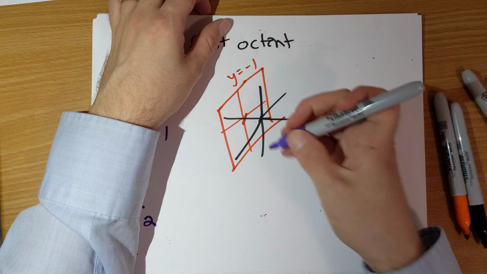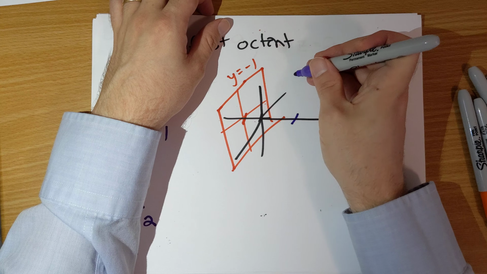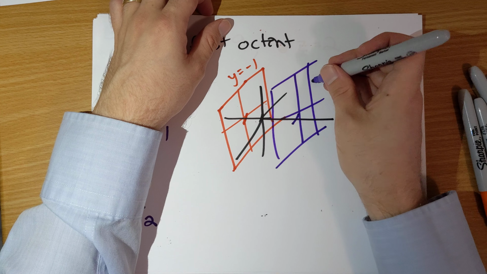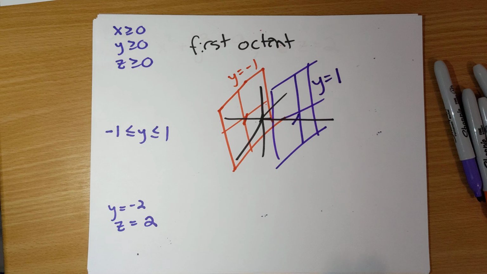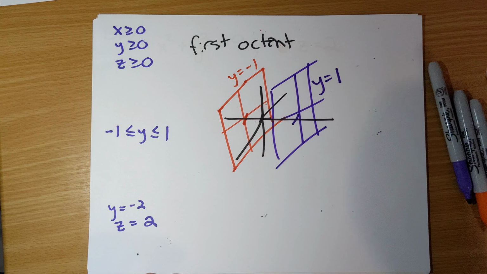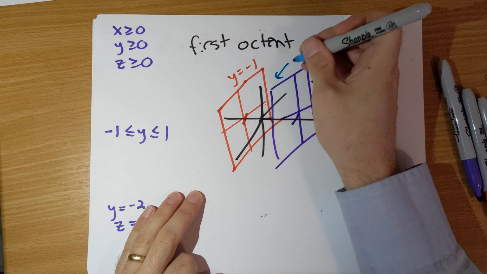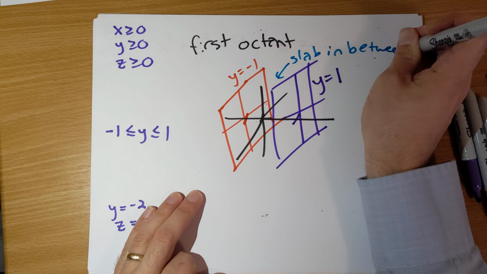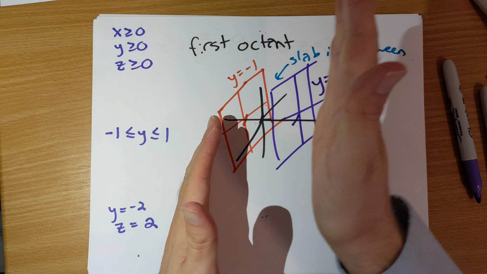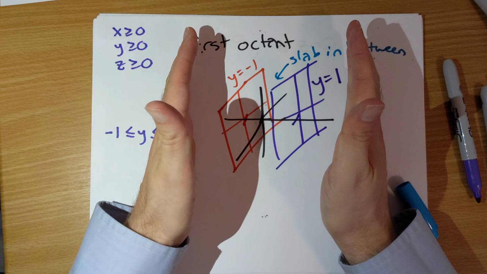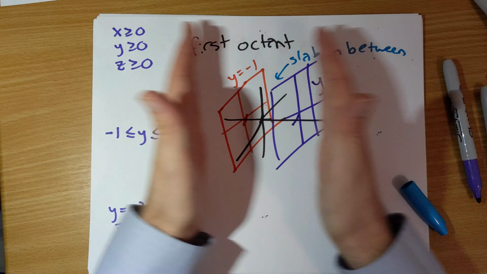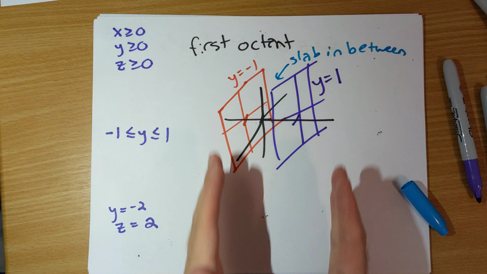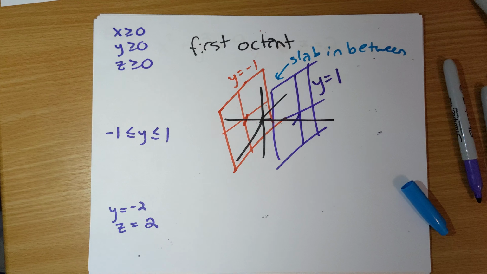There would be another plane here for y is equal to +1, and it's everything in between these. So it's the slab in between. It's a giant slab. It goes up, it goes down, it goes in this direction, it goes in this direction. That's what's going on here.